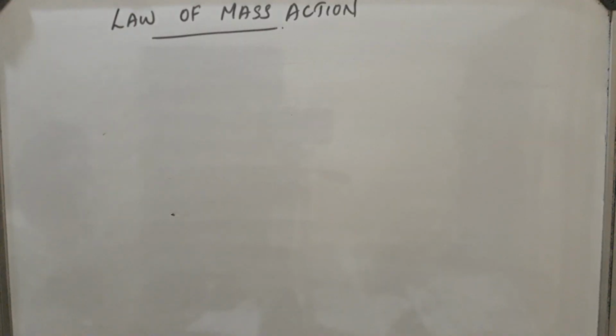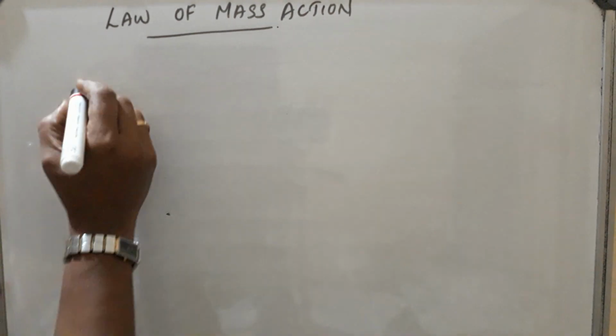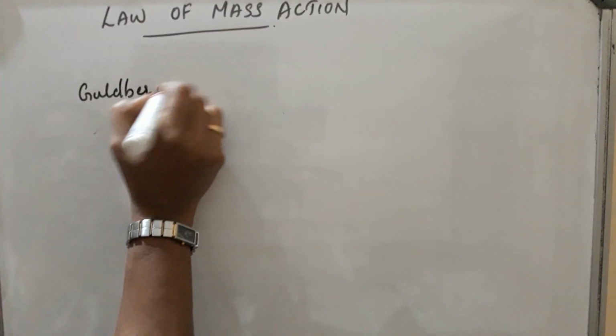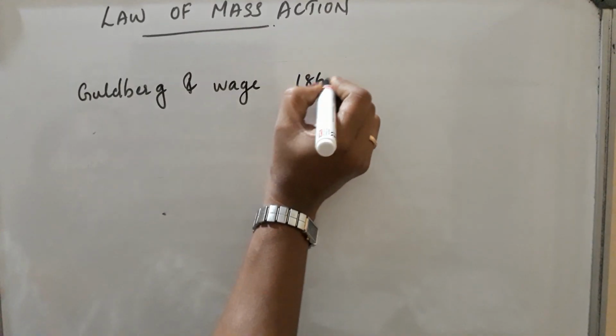Law of mass action. The law of mass action is a quantitative relationship between the rate of a chemical reaction and the concentration of reacting species. It was suggested by Guldberg and Waage in 1864.